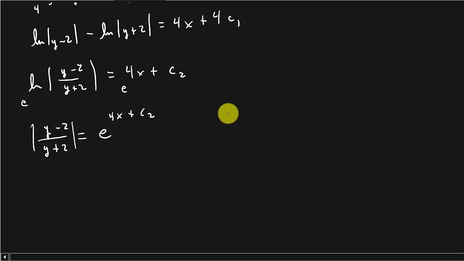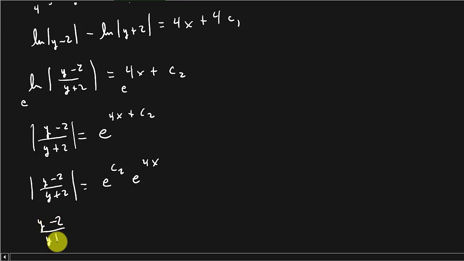And so splitting this up, that's going to be y minus 2 over y plus 2 is equal to e to the c2 times e to the 4x. And so that's going to give me y minus 2 over y plus 2 is equal to plus or minus e to the c2 e to the 4x.